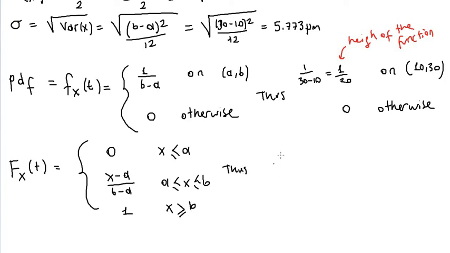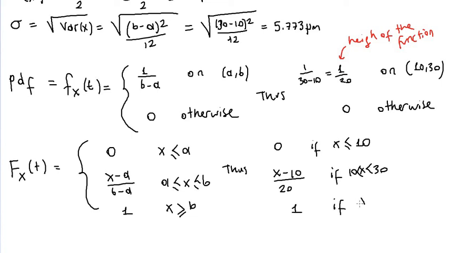Thus, our cumulative distribution function is 0 if x is less than 10 micron, it is x minus 10 over 30 minus 10, which is 20, if x is between 10 and 30, and it is 1 if x is greater than 30.